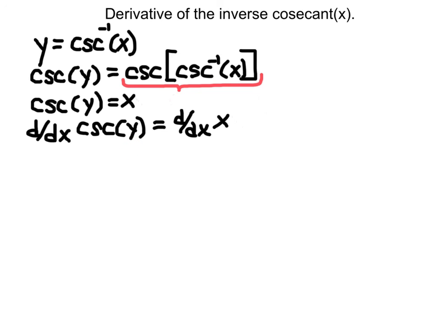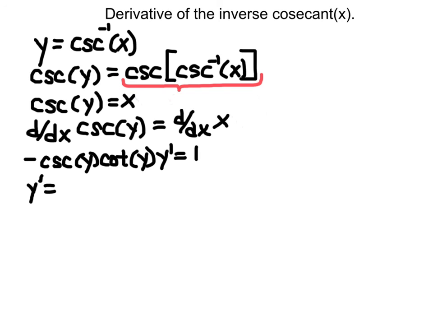And the derivative of the cosecant is a negative cosecant y cotangent y times y prime, that's the chain, is equal to the derivative of x with respect to x, which is 1. And now we're going to divide both sides by a negative cosecant y cotangent y, and that's part of solving for y prime. And we get negative 1 over the cosecant of y times the cotangent of y.